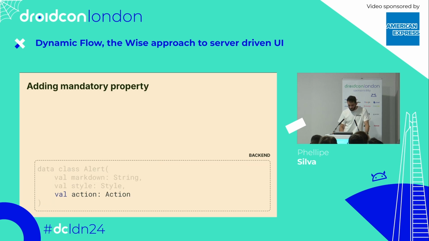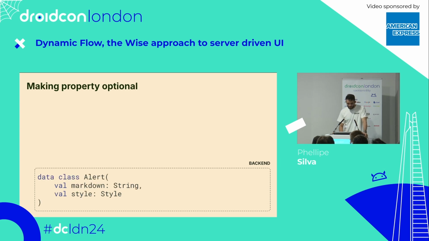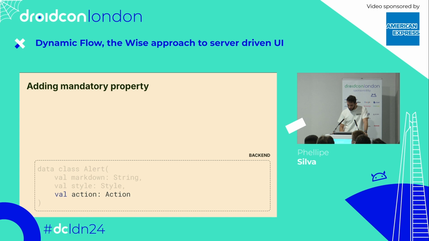A very obvious type of breaking change is when you add a new mandatory property. Every backend engineer that bumps a major version on their backend service will probably have a compilation error requesting them to add this new property. This is an obvious breaking change.